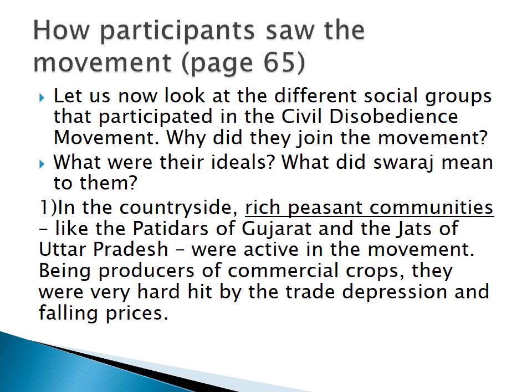In the countryside, rich peasant communities like the Patidars of Gujarat and the Jats of Uttar Pradesh were active in the civil disobedience movement. Being producers of commercial crops, they were very hard hit by the trade depression and falling prices.